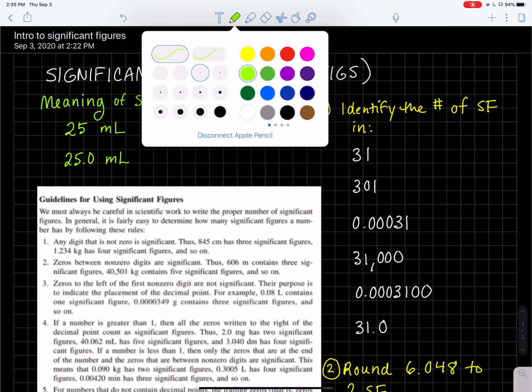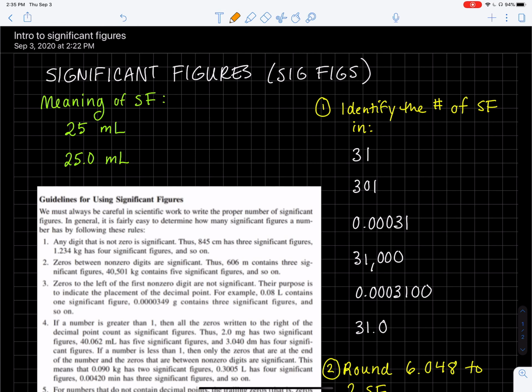Absent any other information, like error bars, if you read this number, 25 milliliters, and you look at what we call the last sig fig, the digit that is significant and in the smallest or most precise place, this means plus or minus one in that place.